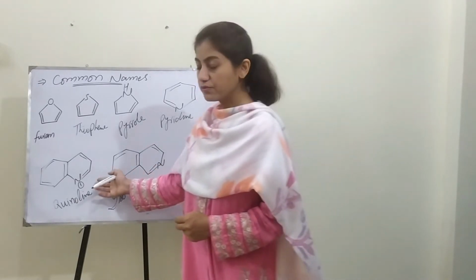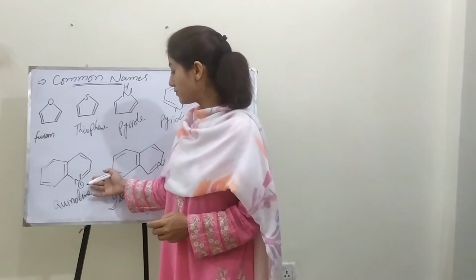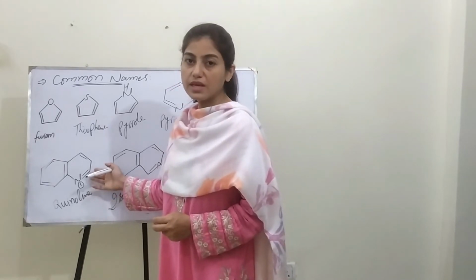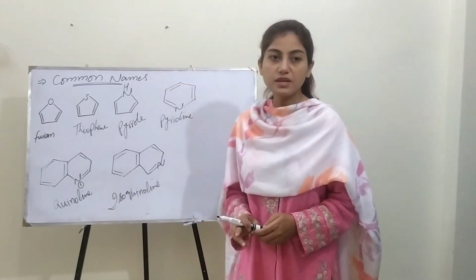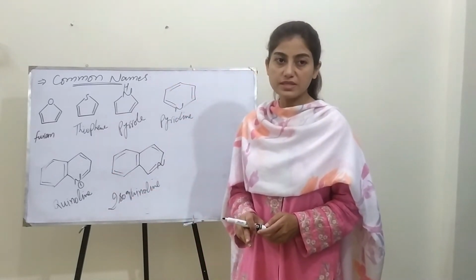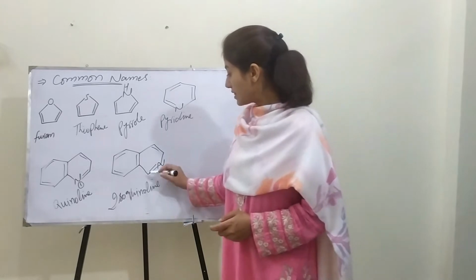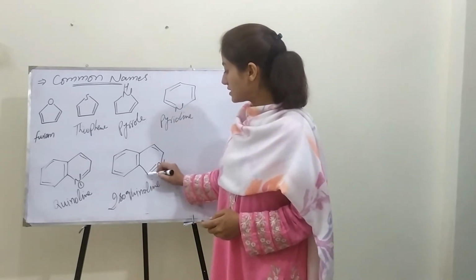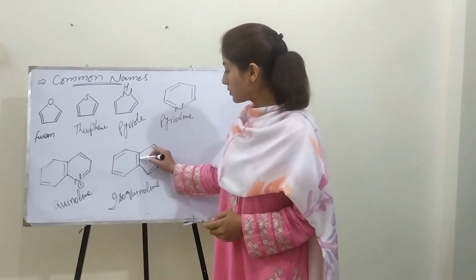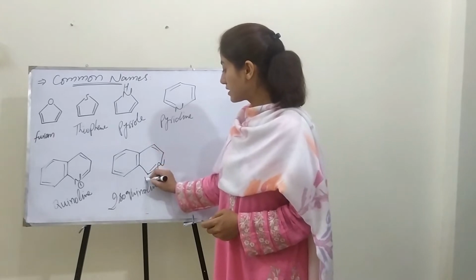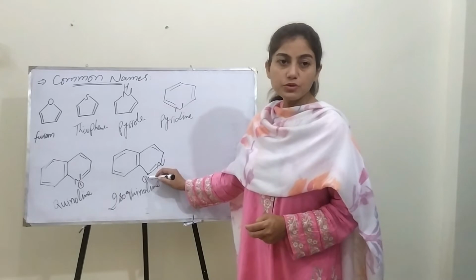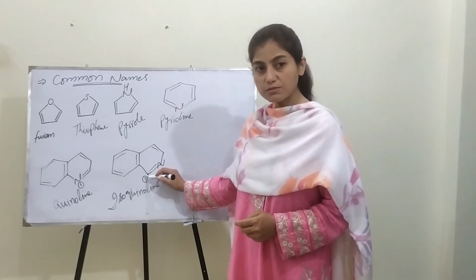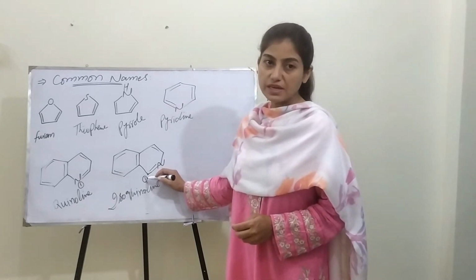And if we give the numbering to these heterocycles, then they follow the numbering system of the fused ring systems, according to which this position that is just near to the fused position is always given number 1. So here either this position is occupied with the heteroatom or not, it doesn't matter.